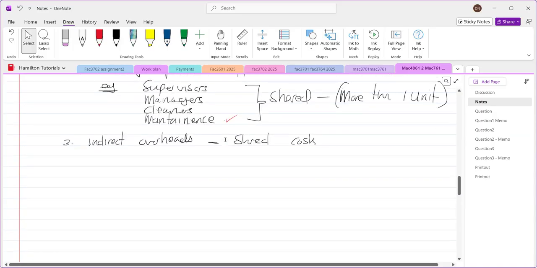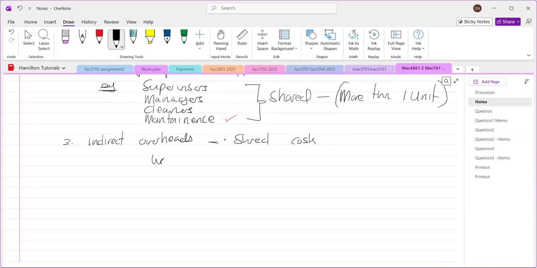So remember, let me give examples here. We can have water, electricity, telephone, etc., as long as these are shared costs.